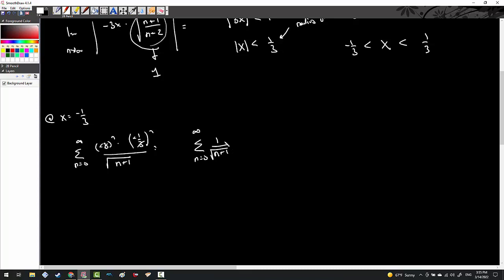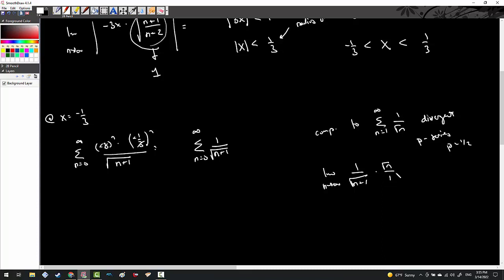So from here, how do I figure out if this converges or diverges? Let's do limit comparison. I'm going to compare it to the sum from n equals 1 to infinity of 1 over root n, a divergent p-series, p equals 1/2. So now the limit as n goes to infinity of 1 over root of n+1 times root n over 1.